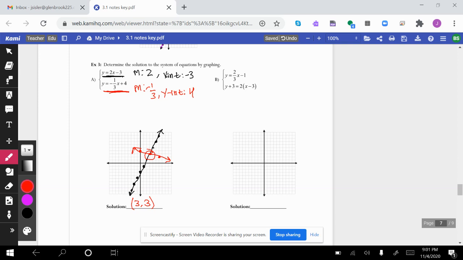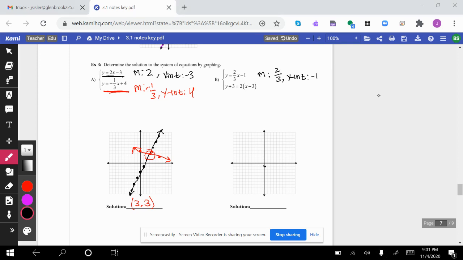So for letter B, I'm going to do the same thing. First equation, and we'll keep it black just for consistency. Our slope is 2/3. Our y-intercept is -1.